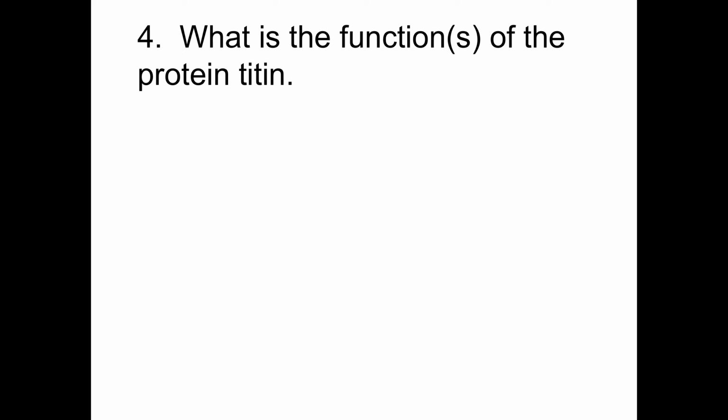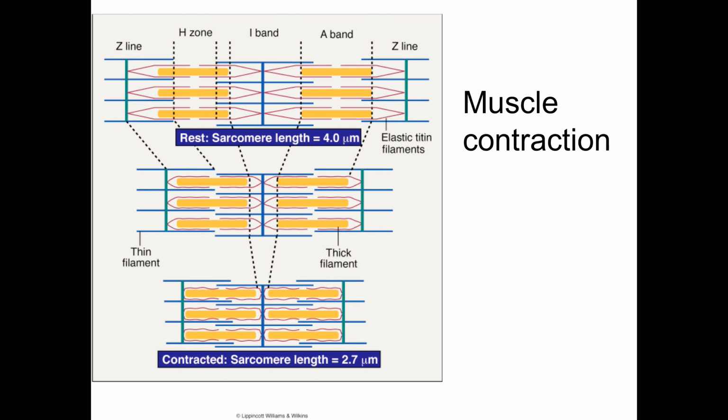Another protein involved in the sarcomere is the largest protein in the human body, called titin. Here's a picture from our book that shows titin. Here are 3 different sarcomeres. In the top panel, the sarcomere distance is greater, so the sarcomere length is 4 micrometers.